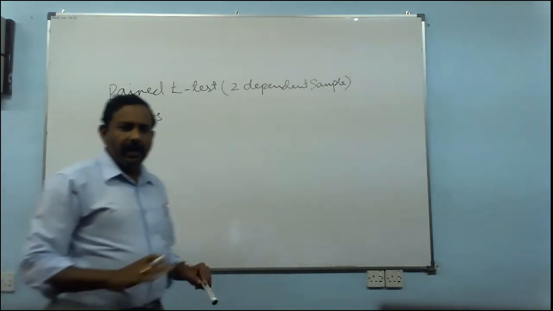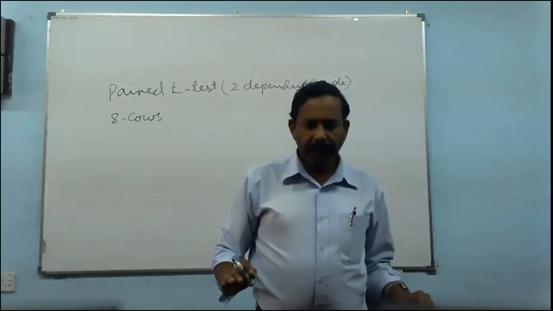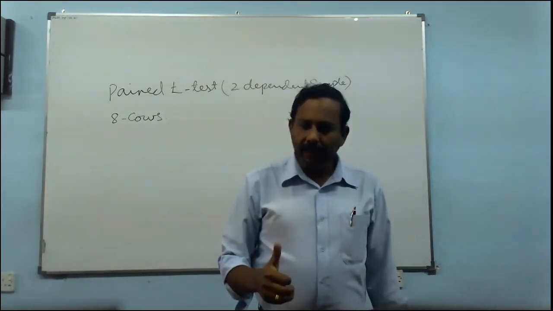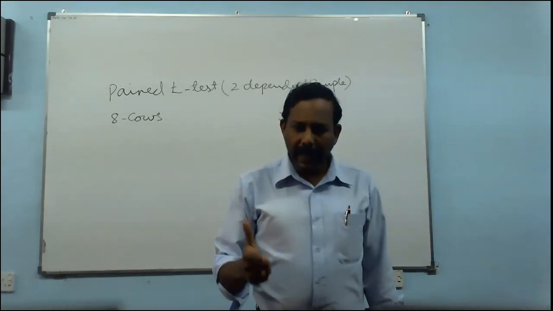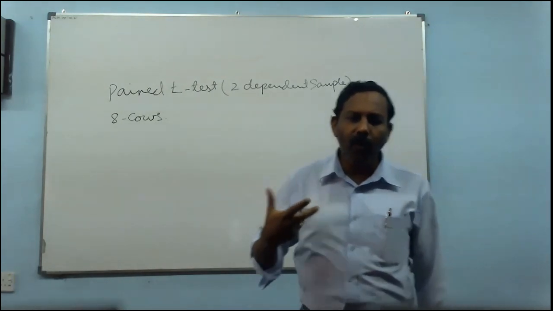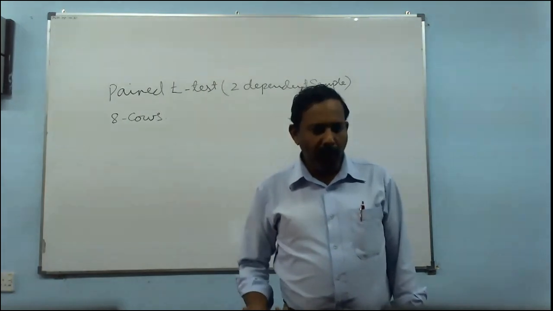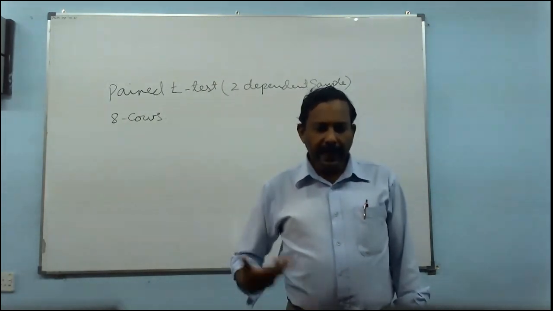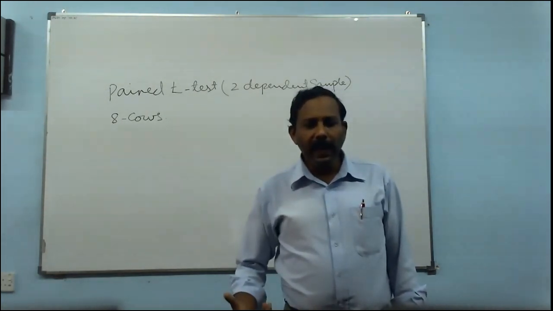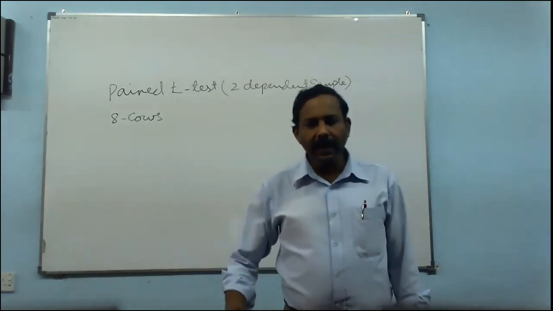I'm taking 8 cows of the same breed, same age, same parity. Now I have a new hormone which I am going to give to the cows to see whether it increases the milk yield.